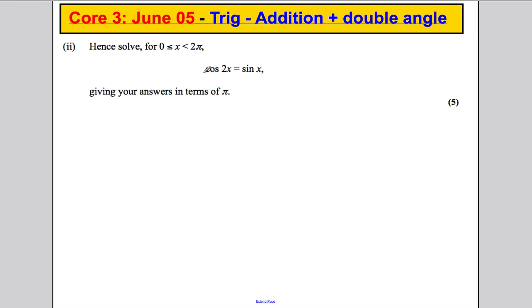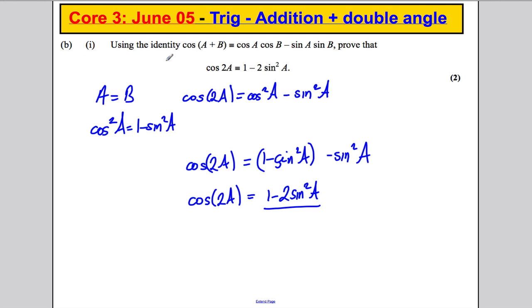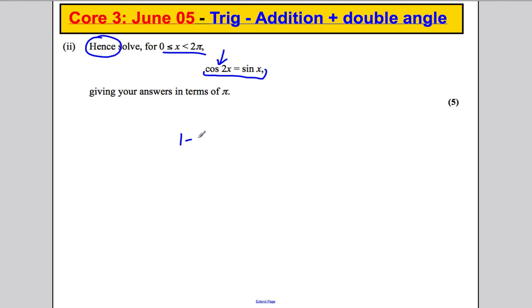Next one, hence it says solve this. Well, hence is the key word here. We're between 0 and 2 pi. Instead of using cos 2x, presumably best if I use 1 minus 2 sine squared x. So 1 minus 2 sine squared x equals sine x.